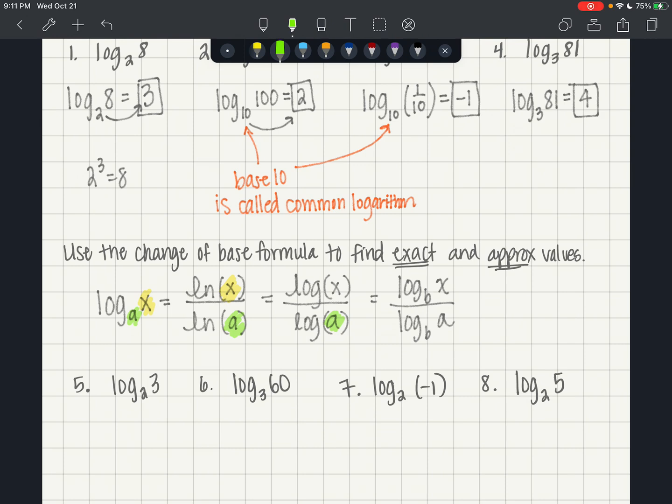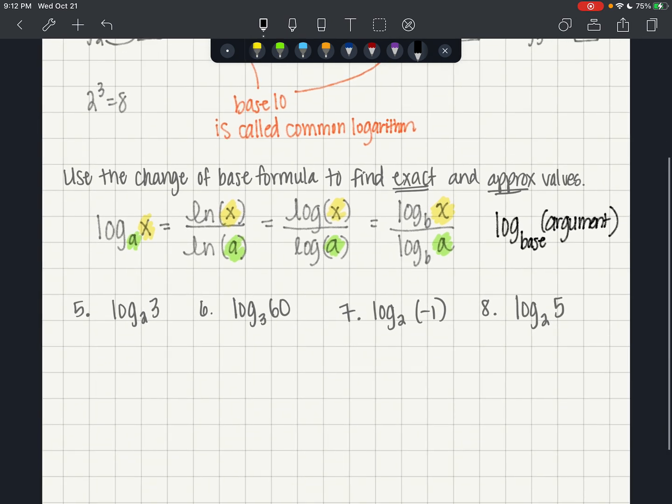So see how that base is in the denominator every time, no matter what base you change it to, you'll have the original argument as the argument in the numerator and the original base as the argument in the denominator. And you know that we have log base argument equals the exponent.